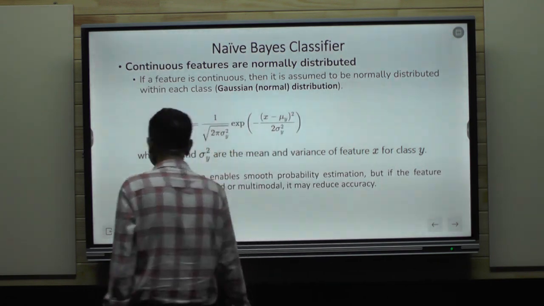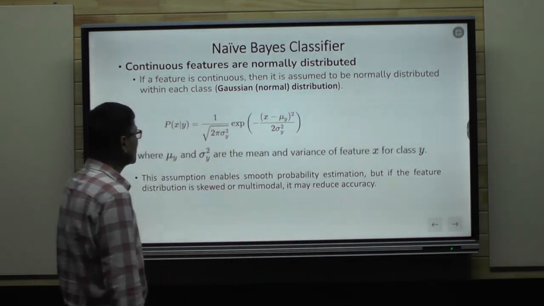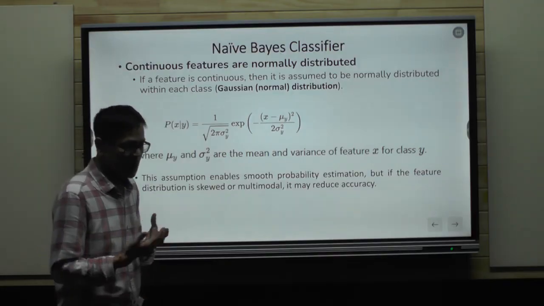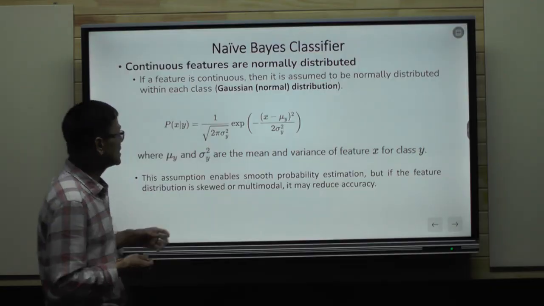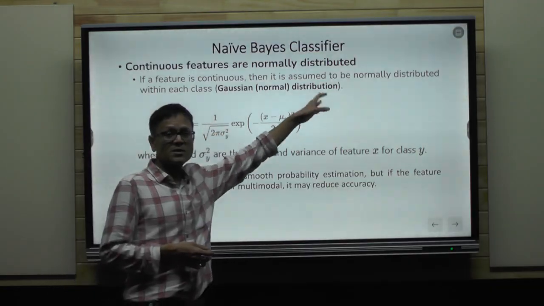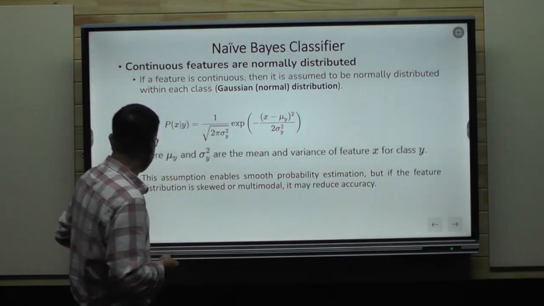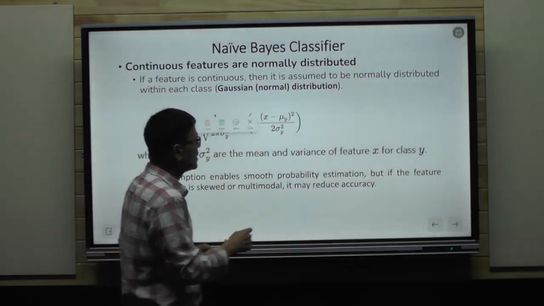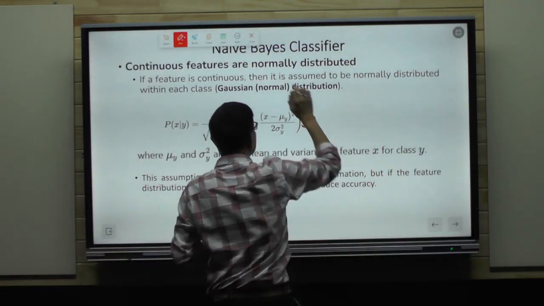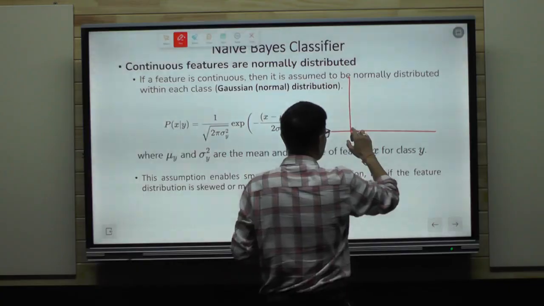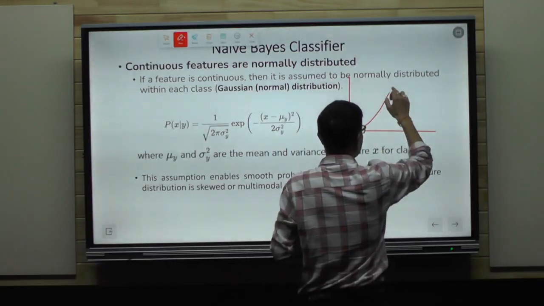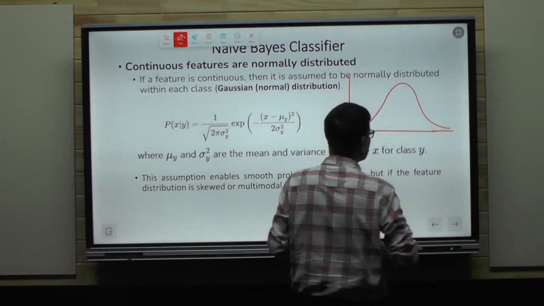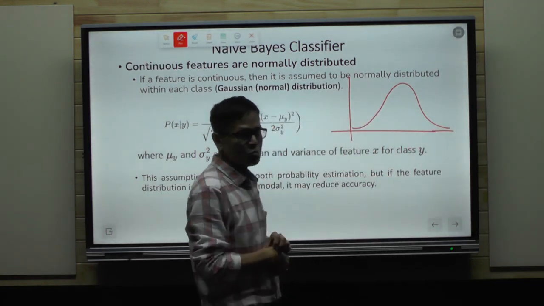Now for the continuous feature, what is assumed is that each feature is normally distributed, that is, it assumes a Gaussian distribution. You've seen the bell-shaped curve. This bell-shaped curve is a normal or Gaussian distribution.